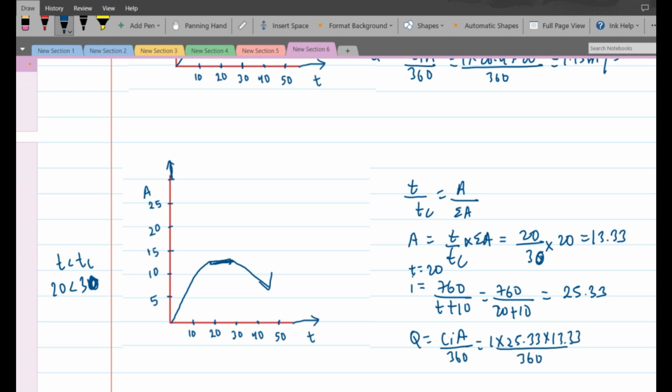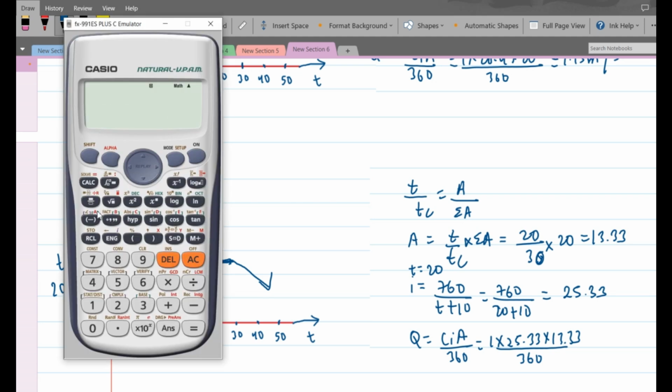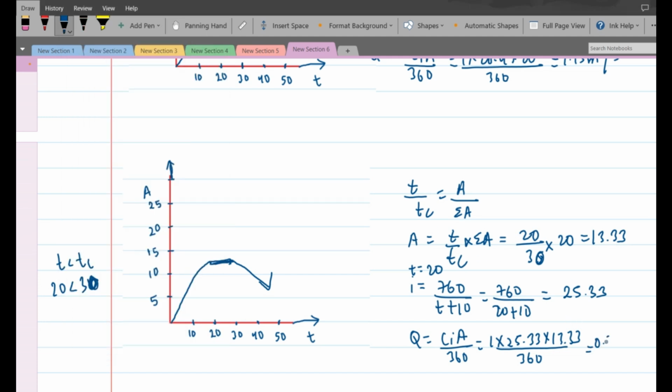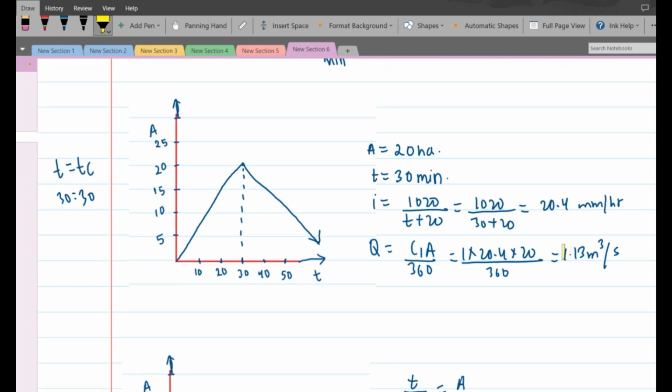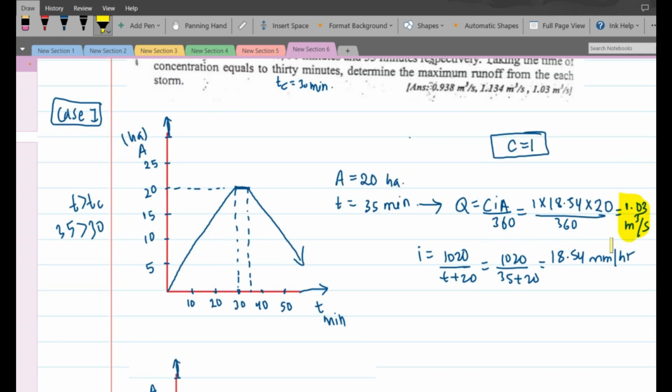So let's calculate this. 1 into 25.33 into 13.33 divided by 360 is 0.938 meter cube per second, right? So this is 0.938, this is 1.13, and this is 1.03 meter cube per second.